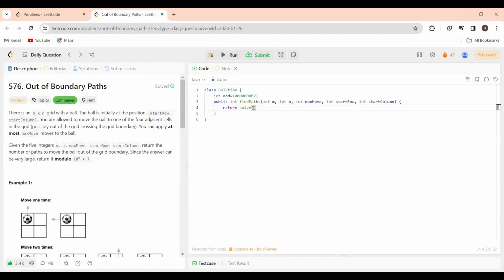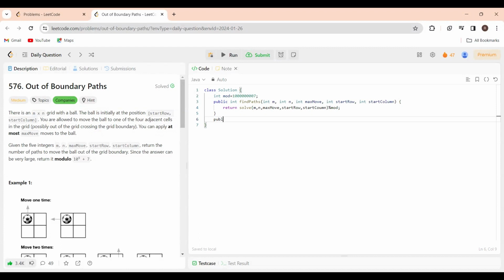Initially it will go from the starting position, right? So we'll pass max move, start row, comma, start column, percent mod, right?